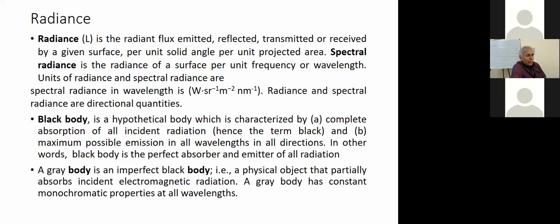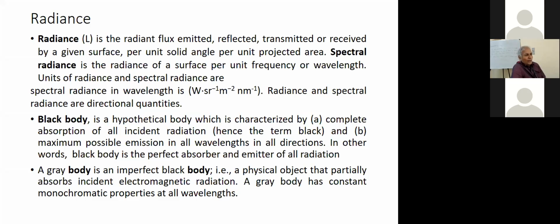And because it absorbs all incident radiation, it also has the property that it has the maximum possible emission of radiation in all wavelengths and in all directions. So in other words, the black body is a perfect absorber and perfect emitter of all radiation.